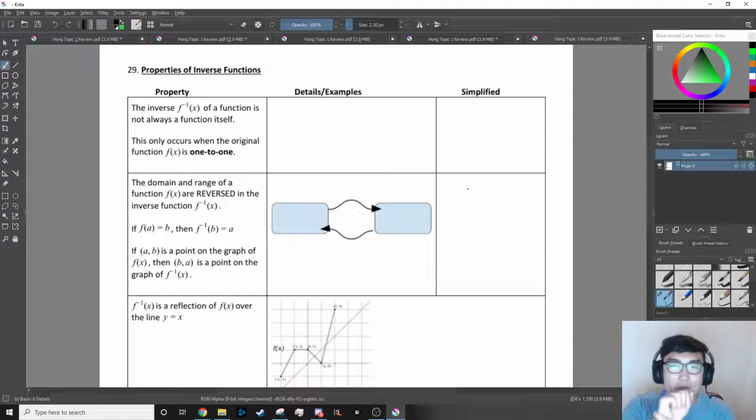So 1 to 1 means that your x value and your y value are original. As in, if I have (2, 3), then I can't use 2 ever again. I can't use 3 ever again. So I can use (3, 4), and then (4, 5).